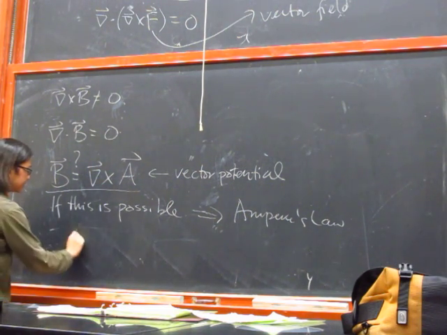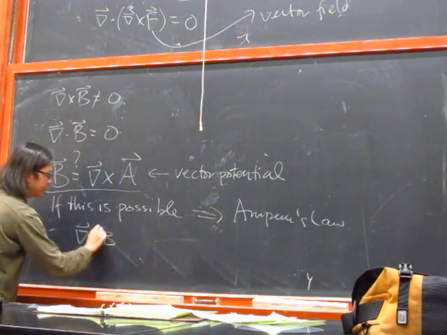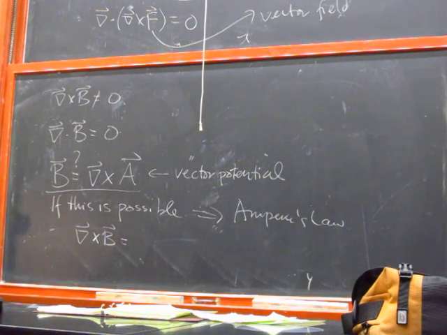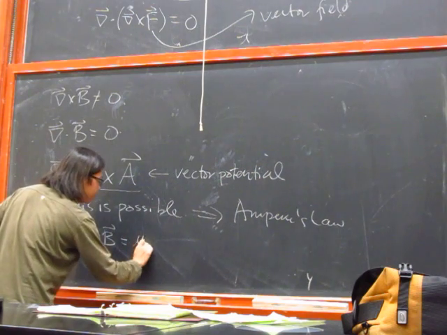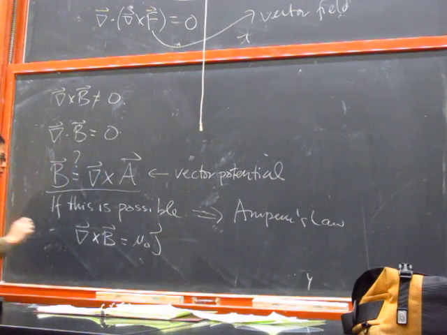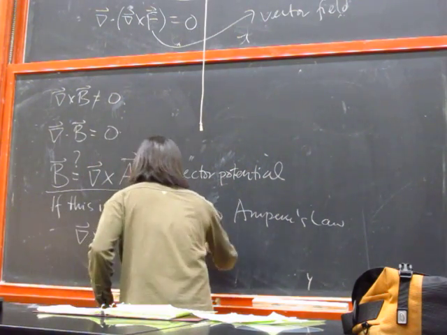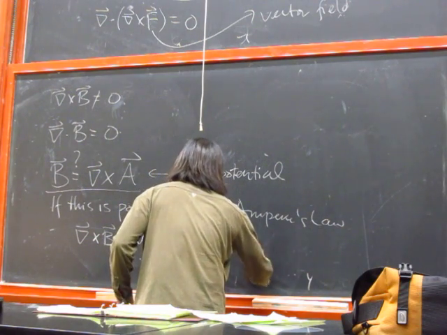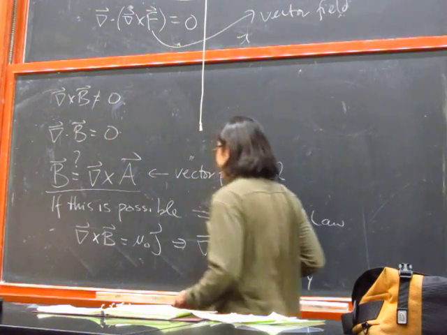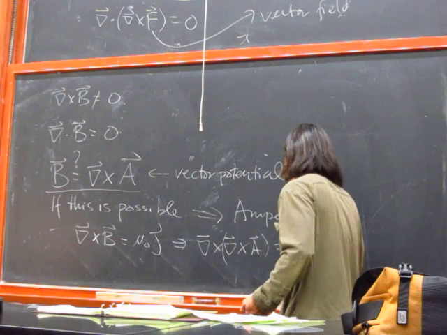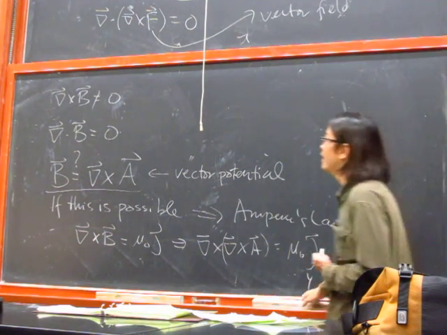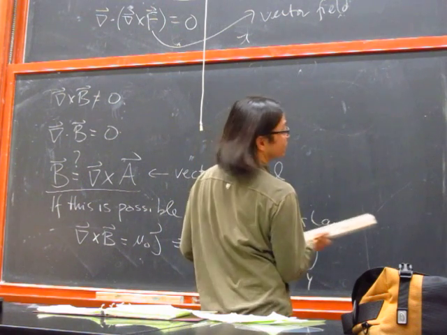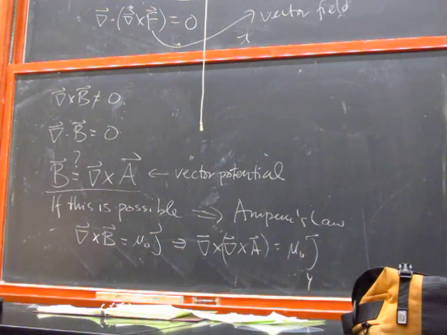It says that the curl of B, now I'm going to switch to differential notation, is equal to mu naught J. Then the curl of the curl of A is equal to mu naught J. There's more stuff I need to use with this.